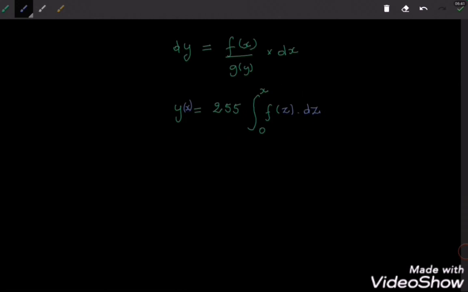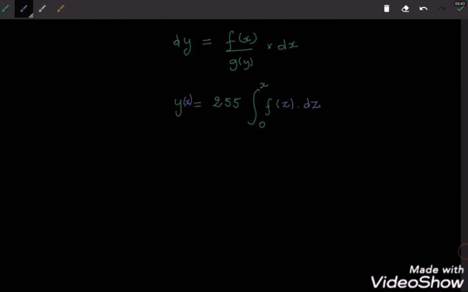Now let's make this expression a little bit more general. So I can write y of x is equal to L minus 1 times the integral from 0 to x of f of z d of z.